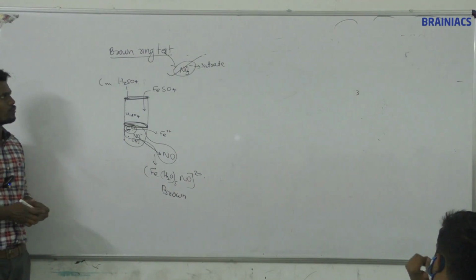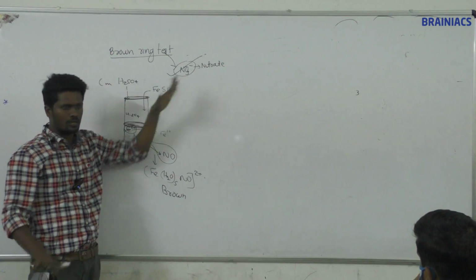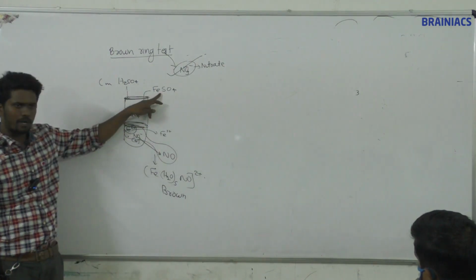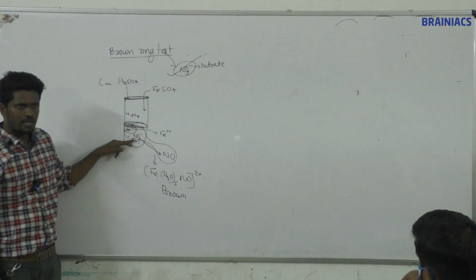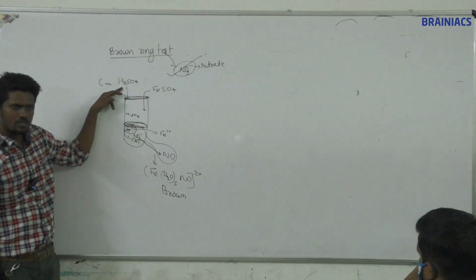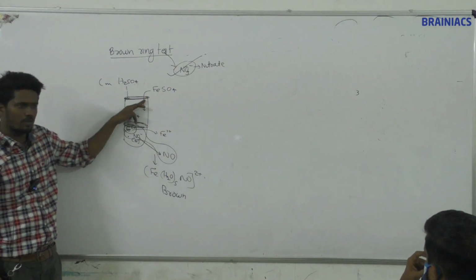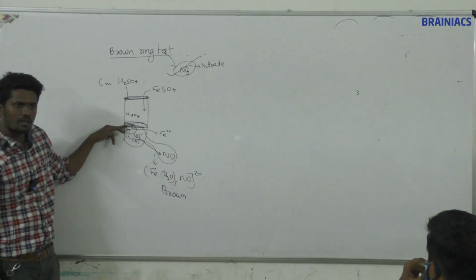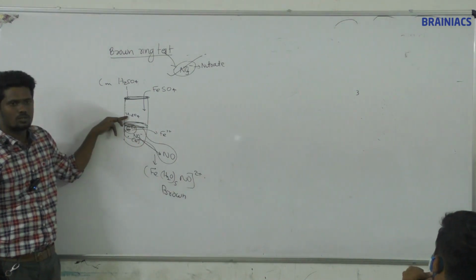So what do we mean by the brown ring test? It is a test for nitrate ion in which freshly prepared FeSO4 is added to an aqueous solution of nitrate, then concentrated H2SO4 is added along the sides of the tube. A brown ring is observed at the interface of the solution and H2SO4.